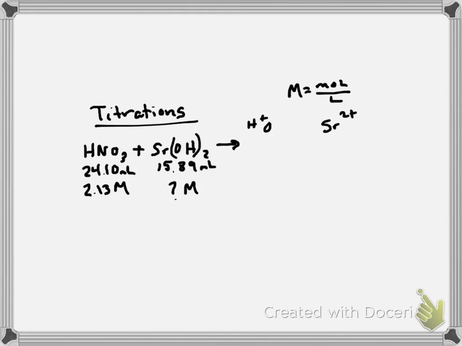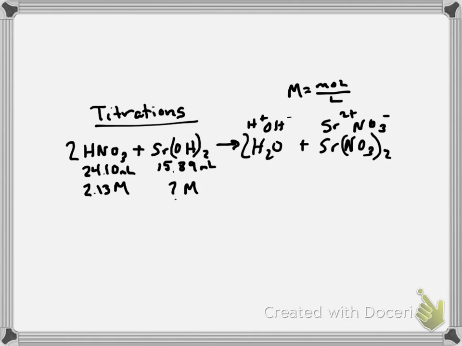It's going to be bonded to hydroxide, and strontium is now going to be bonded to nitrate. And so HOH is H2O, and then we have strontium nitrate, Sr(NO3)2. Then, of course, we need to balance this. We'll need to put a 2 here and a 2 here, and that should take care of that.